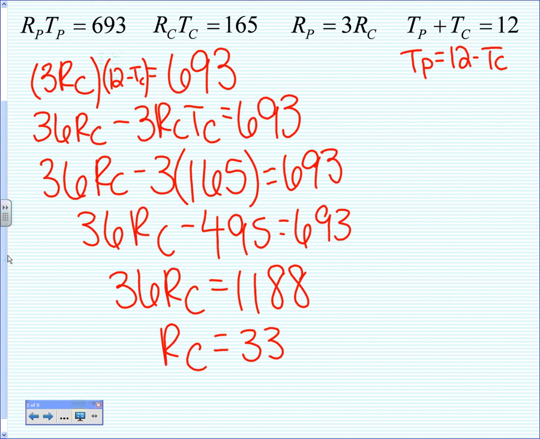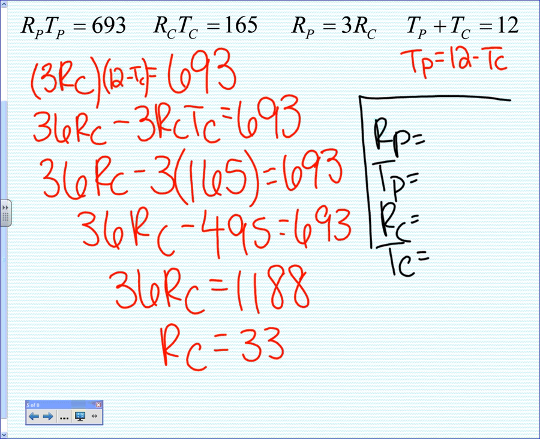So let me make my little box of the ones that I need. RP, TP, RC, TC. So I just found RC. Yeah. Same number of variables as equations.